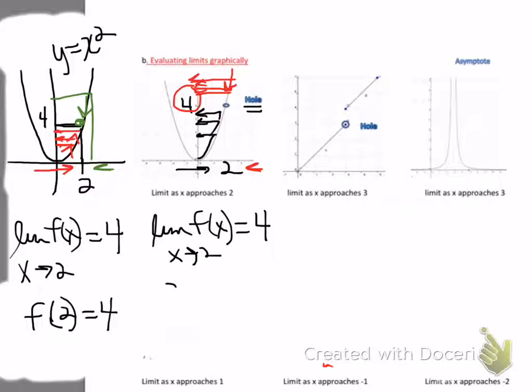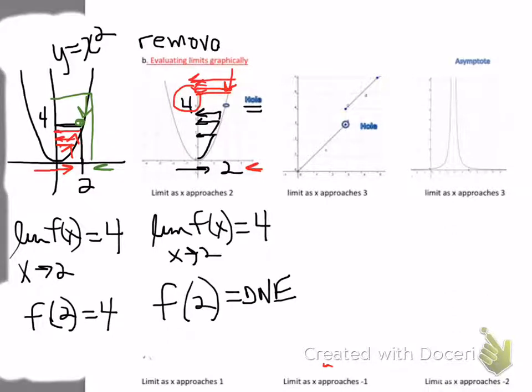However, the function evaluated where x is 2 does not exist because of the hole. This hole is called a removable discontinuity. So where there's a hole, that is a removable discontinuity. Let's see if we can get that to go back up.